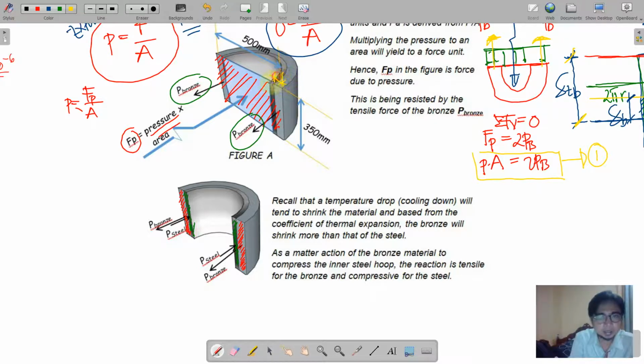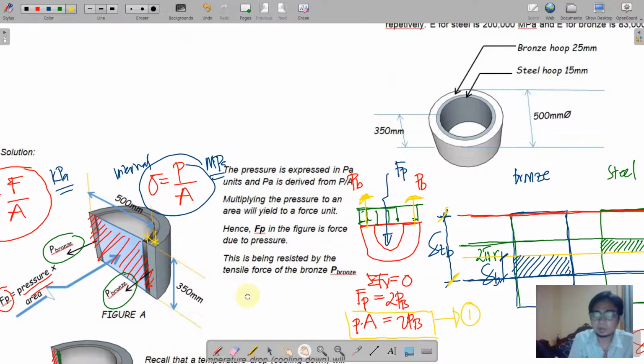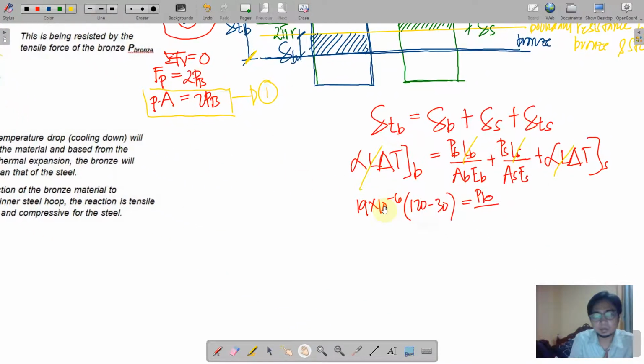And the thickness is 25 millimeter. So 25 by 350 is being stretched. That is the area that is being stretched.